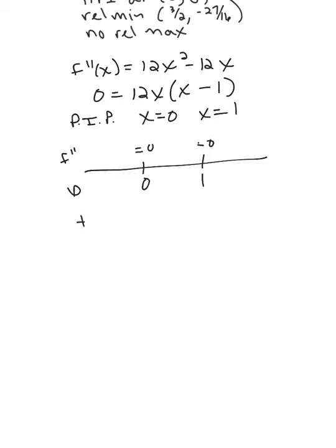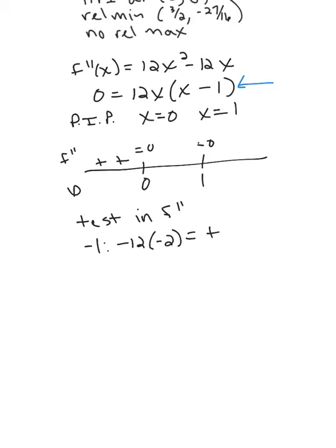And now we are going to test in the second derivative. To the left of 0, let's do negative 1. If I put negative 1 into the factored form of the second derivative, I will have negative 12 times negative 2, which is positive. So to the left of 0, we will be concave up, positive.